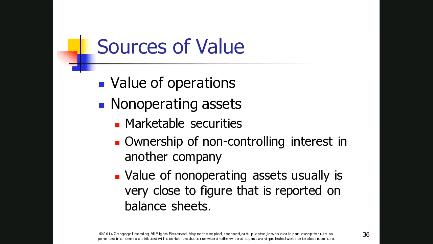Basically, you can own, say, 30% or 20% of another company, and although it's probably not going to be marketable or immediately sold, it is still a form of holding a part of another company. These are the kind of non-operating assets.